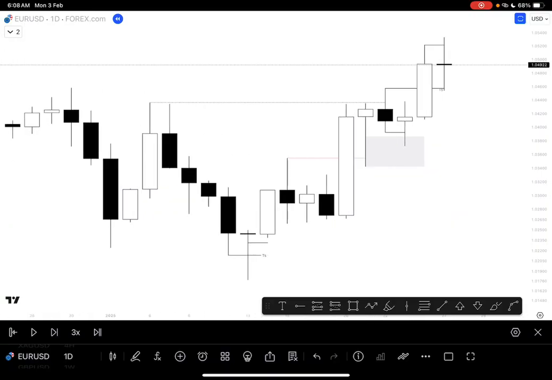You can see how the market is. Let me just say one more thing. So there's a range, and sweeping below, closing above, and the market explodes higher to the opposite side of the range.